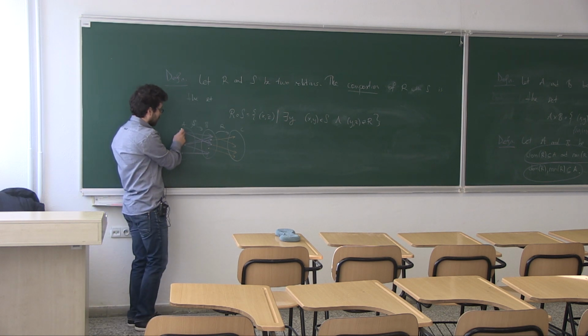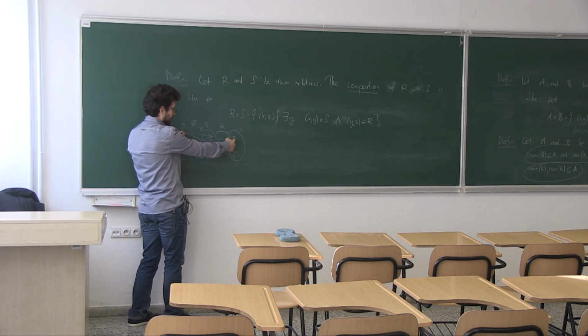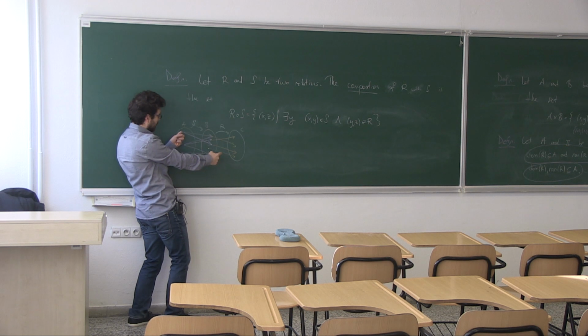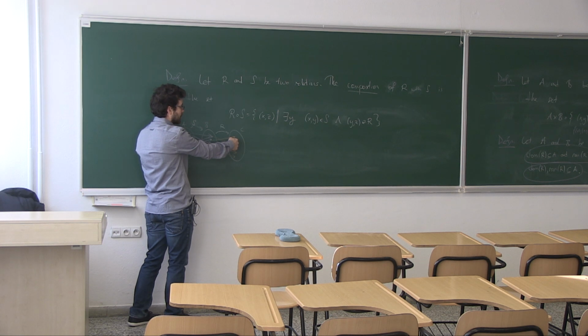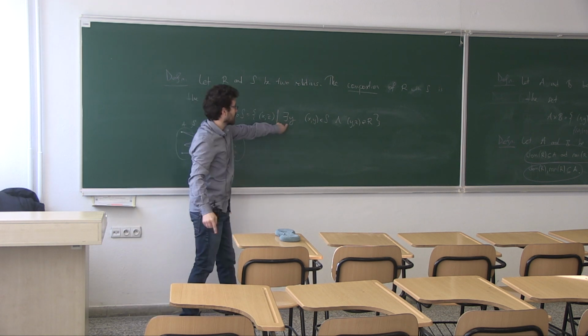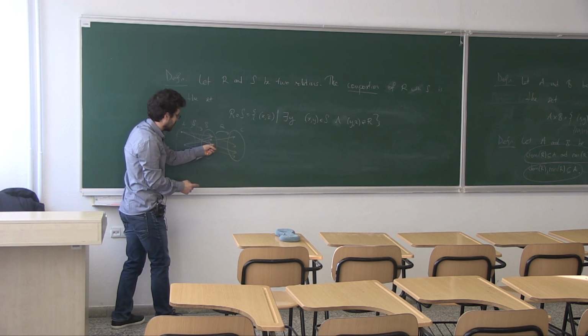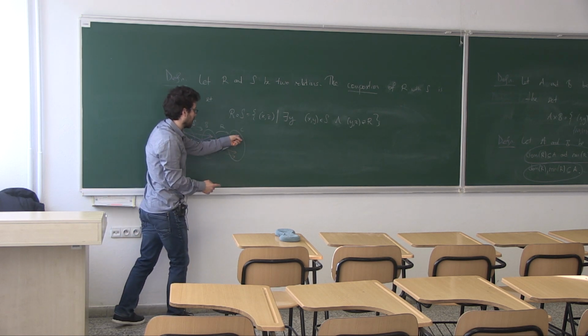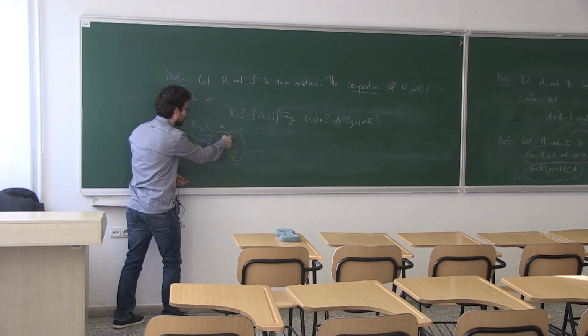Well, you see, I can ask the following question: is this pair, the pair consisting of this element and this element, in the composition? If that were the case, there would be some element Y such that I could go from this element to that Y, and from that Y I could come back here. But there's no such element as far as I can see, so these two are not related.